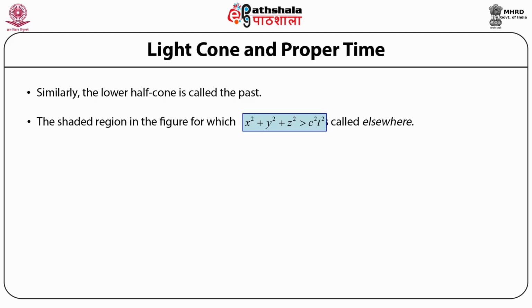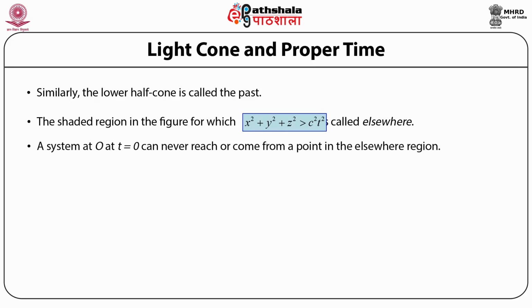The equation x square plus y square plus z square less than c square t square defines the area within these cones, while the third, x square plus y square plus z square greater than c square t square, defines the area outside this cone and is called elsewhere.